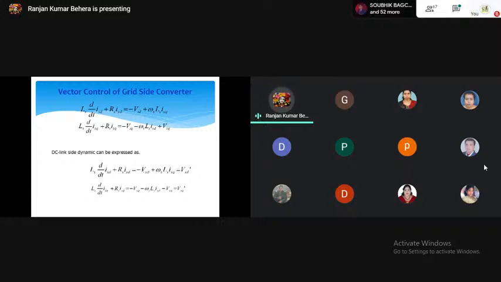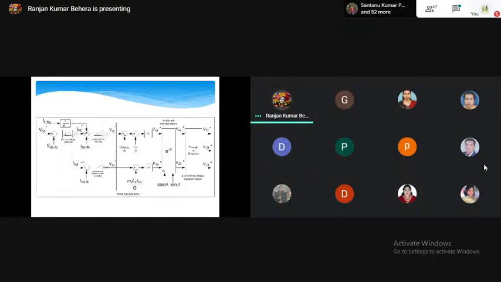So how to do that? These two coupled equations can be taken out in the gain block in the controller block. So now you see here, I have a voltage DC bus.